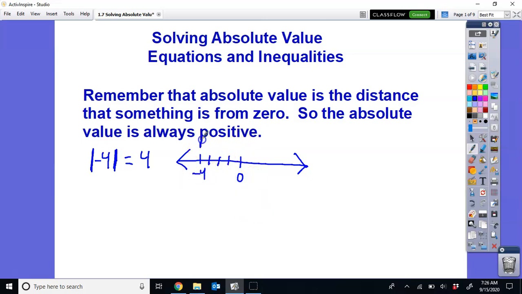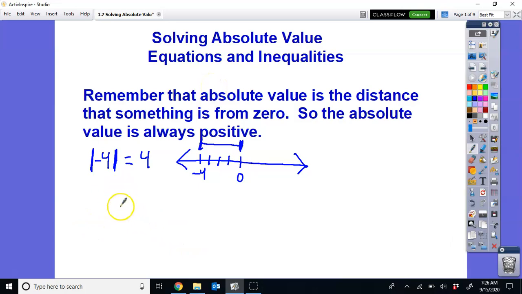So it's asking you what that distance is. So think about that. If you've seen people mark distance with two little bars like this, that's what the two little bars of an absolute value are asking you. The distance from 0. So what we're going to be looking at today is what happens when we have an expression inside an absolute value, and we're trying to figure out what the value of the variable is inside it.